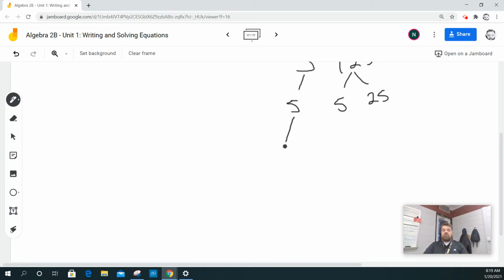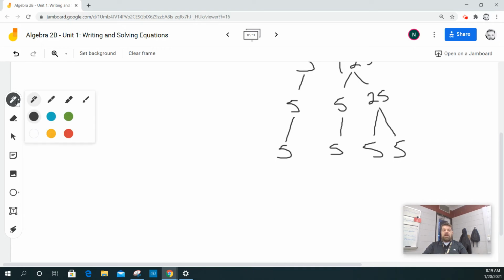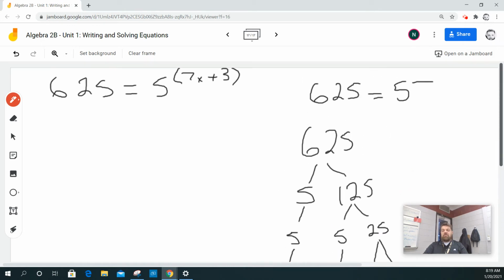One more step and I think we're done. 5 times 5 times 25, but wait, 25 is 5 times 5. So we've got 5 times itself, 1, 2, 3, 4 times. So this whole thing, 625, is the same as 5 raised to the 4th power.